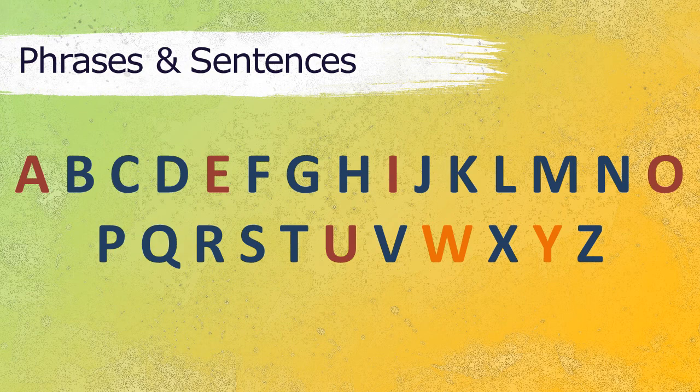You know that A, E, I, O, U are called vowels. While speaking a particular word, its sound-producing letters are called vowels. What are the vowels here? A, E, I, O, U.